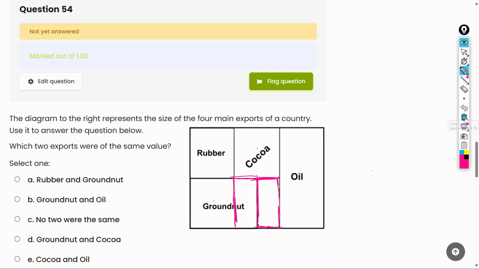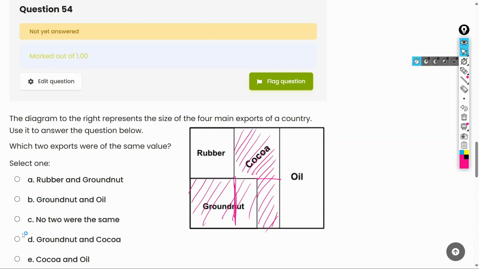If we even shade them, we would see there's this plus this, and then if we shade this one, there is this plus this. So groundnuts and cocoa have about the same value. Groundnuts and cocoa.